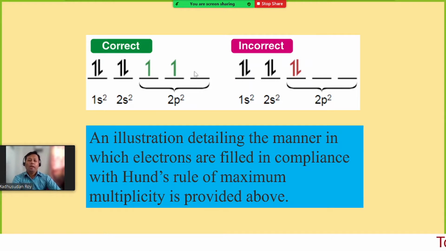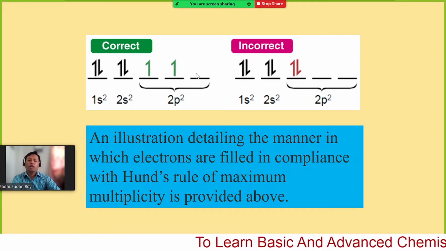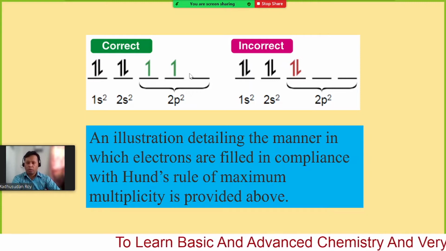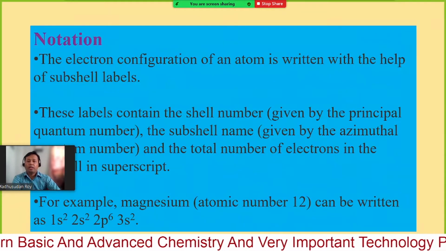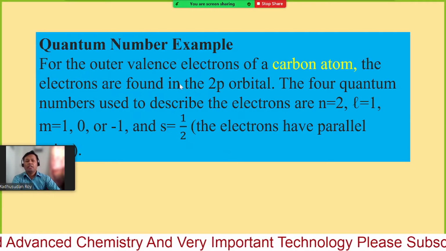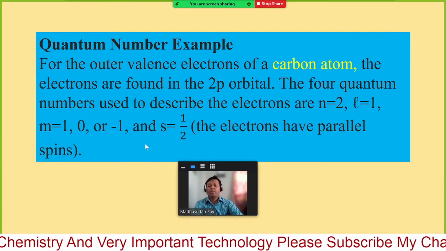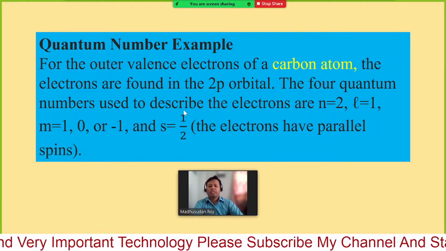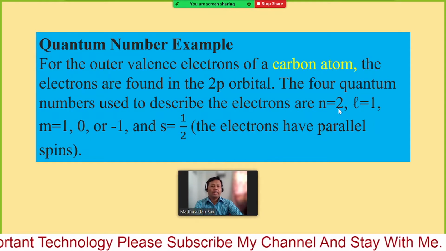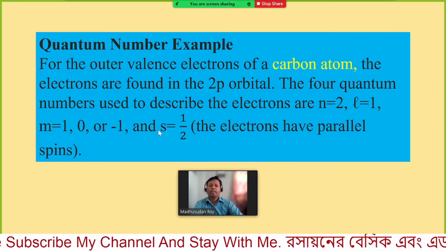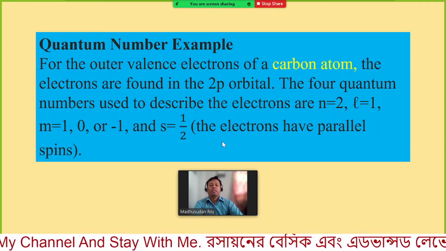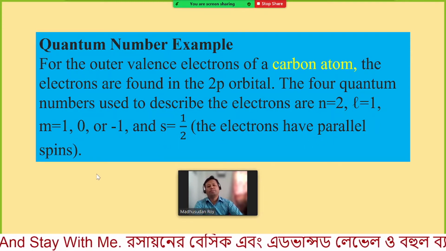So all 3 electrons will have the similar orientation in the spin state, all parallel. So the 4 quantum numbers used to describe the electrons of carbon are n equal 2, l equal 1, m equal 1, 0 and minus 1, and s equal plus half. The electrons have parallel spins.